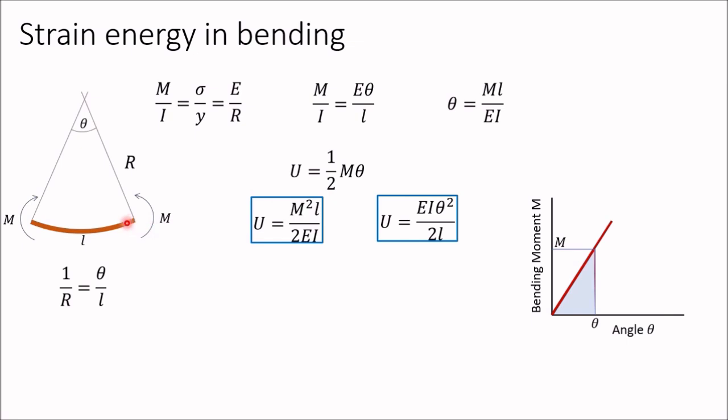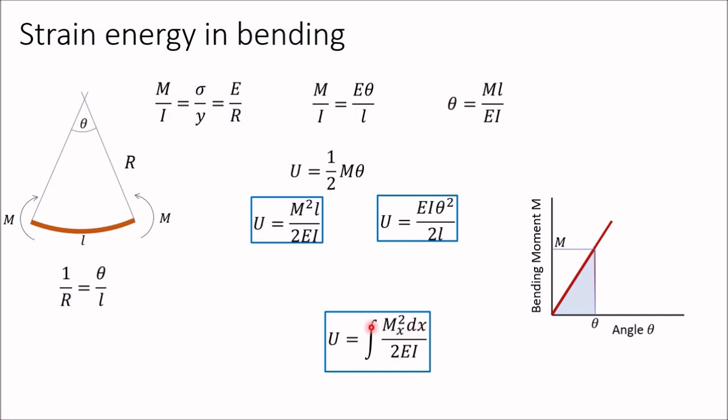But if the bending moment is varying at different sections, in that case we will take a very small length of the beam and determine the strain energy of that small portion, and then integrate throughout the length. In that case, this equation will become M square dx divided by 2 EI. Here dx is the length of that small element and Mx is the bending moment at that small element.